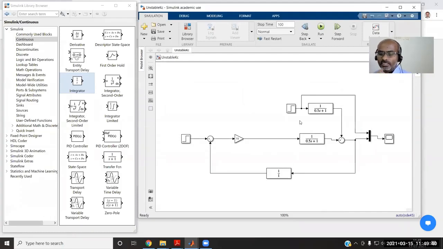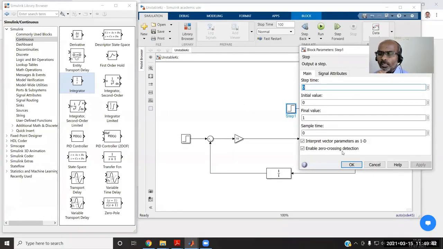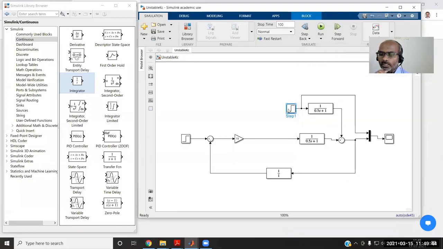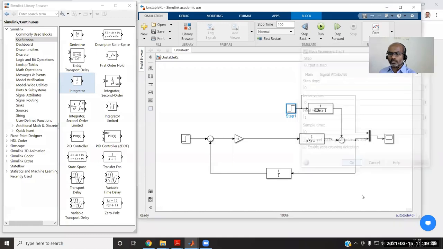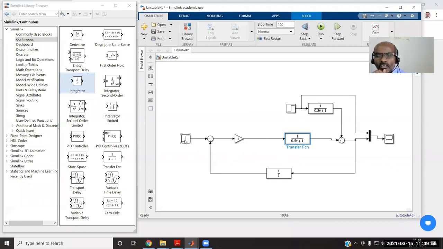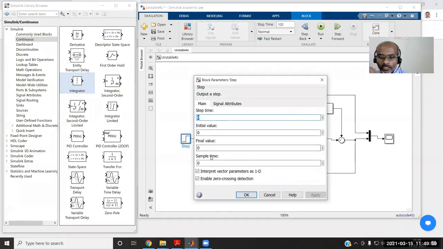So that we'll see the response of this. Step time is 0, initial value is 0 and final value is 1. So we have a system with load change. Here we don't change anything in the set point, initially 0 and finally also 0.